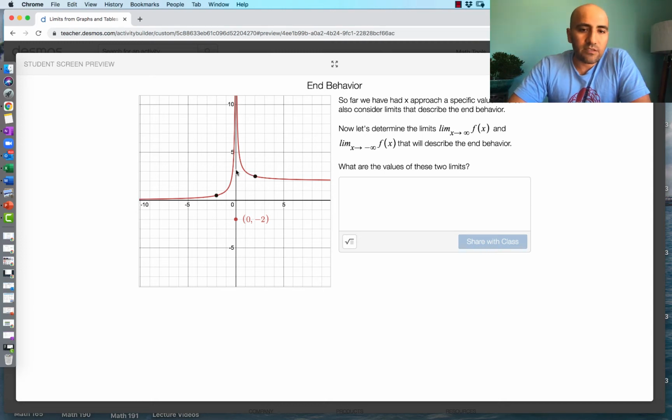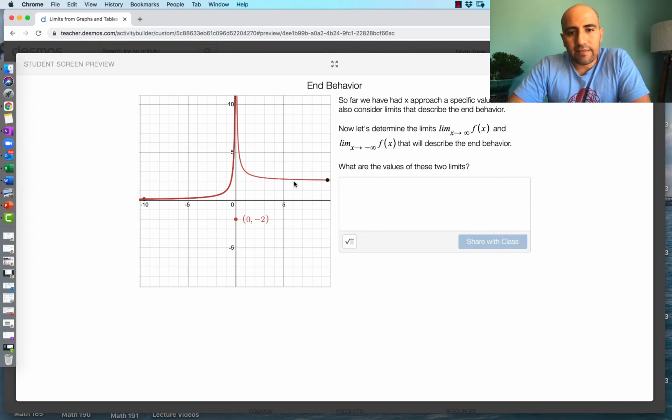So we can see from this graph that as the input values, as x approaches negative infinity, the output values seem to be getting closer and closer to 0, right? So the limit as x approaches negative infinity of this function would be 0.